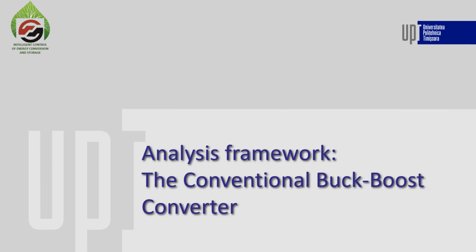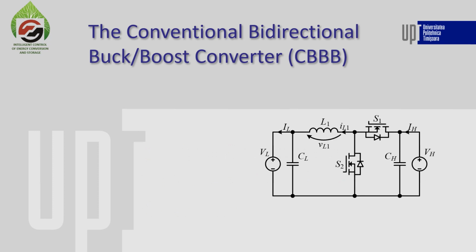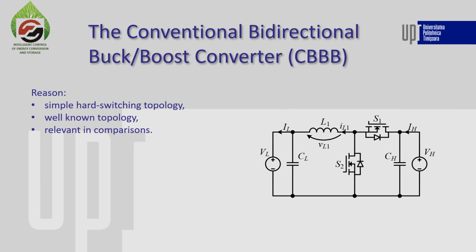Starting with the conventional buck-boost converter. This topology was chosen because it is a simple hard switch topology, it is well known, and it will be very relevant in the final comparisons. The schematics contain two voltage sources.